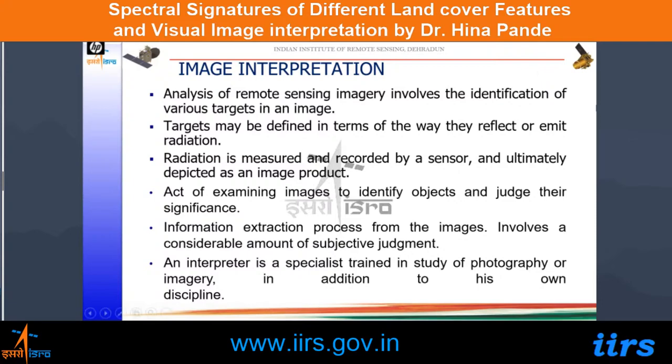And when we do a visual analysis for information extraction, this would involve a considerable amount of subjective judgment. Right? It is not an objective process like a mathematical process. Each interpreter would have, according to his training and his background, the judgment affected, unlike a mathematical process where it's going to be an objective result.